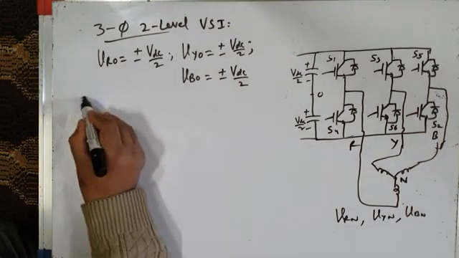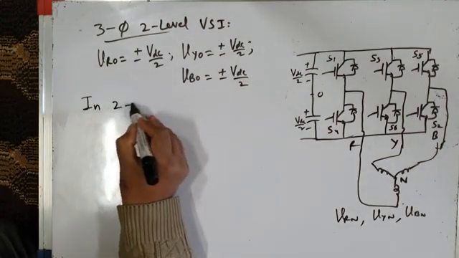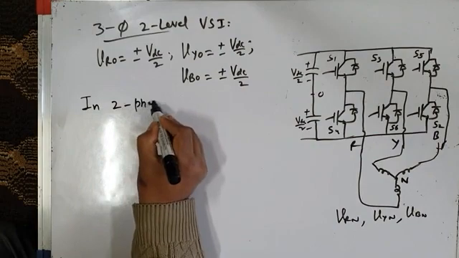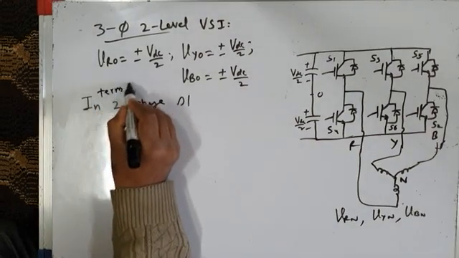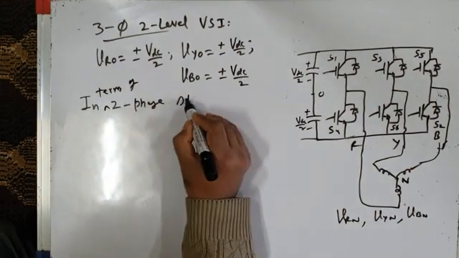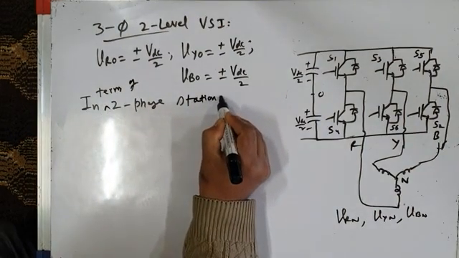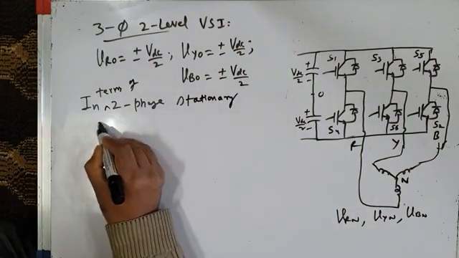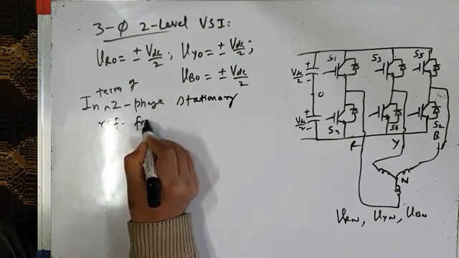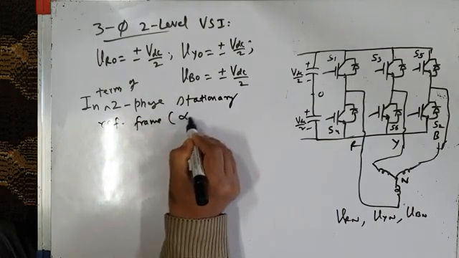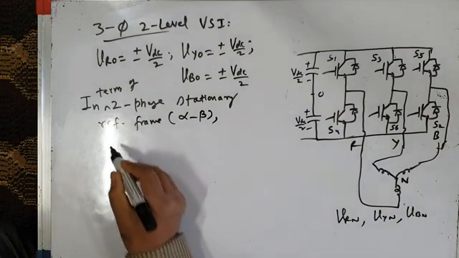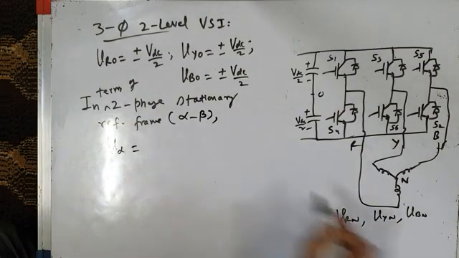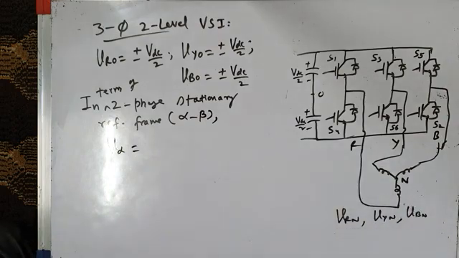So in terms of the two-phase stationary reference frame, that is the alpha beta reference frame, what is my V alpha in terms of these phase voltages VRN, VYN, VBN?